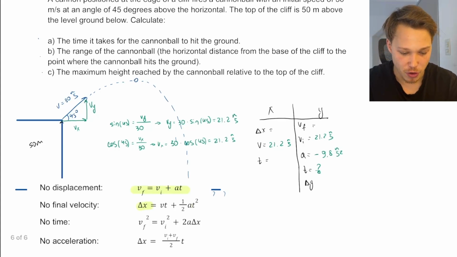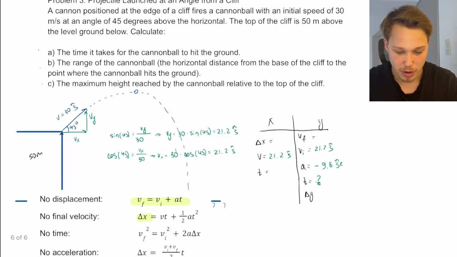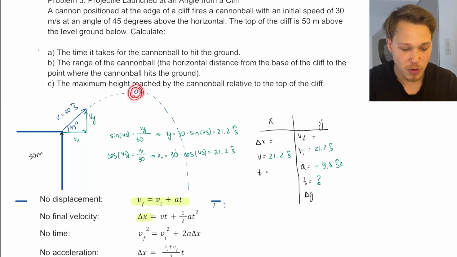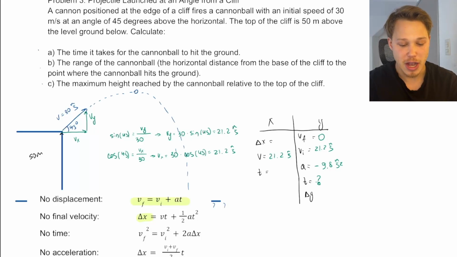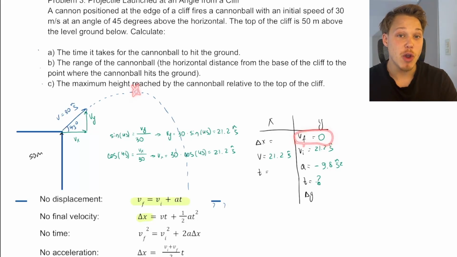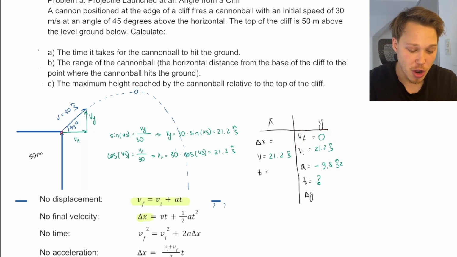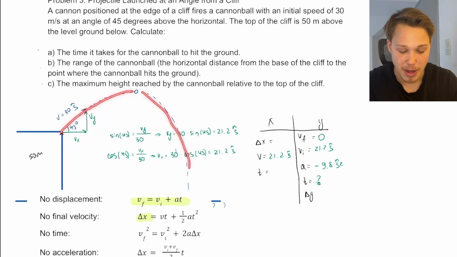Where are we going to get it from if we weren't given that number? Since I know that at the maximum height, Vy is equal to 0, that's what I'm going to put as the third variable right here. This is a very important trick: at the maximum height, the velocity in y is equal to 0. That's why we always break down the projectile motion to the maximum height and from the maximum height.